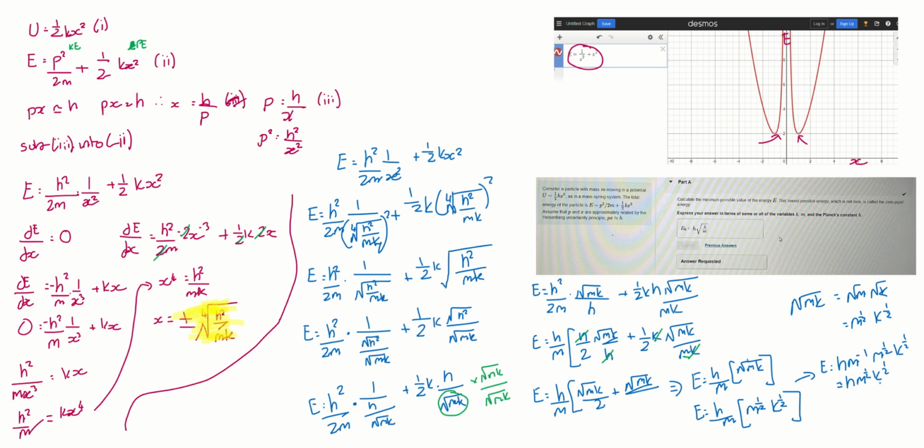Let's just double check. No, minus a half. Oh, naughty, naughty. Minus 1 plus a half is not a half, it's minus a half, which is the same as h, well, minus half is basically the same as root m. That's the same as root k, which equals h root k over m, which is the final answer, I believe.